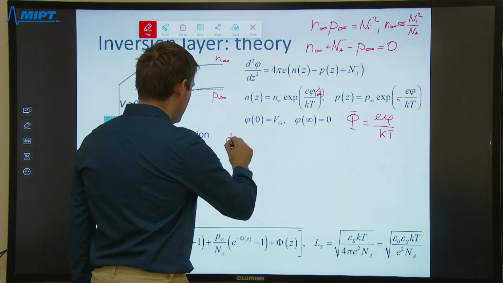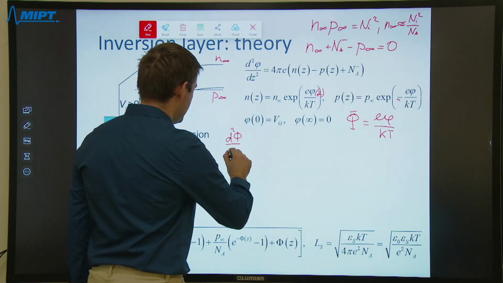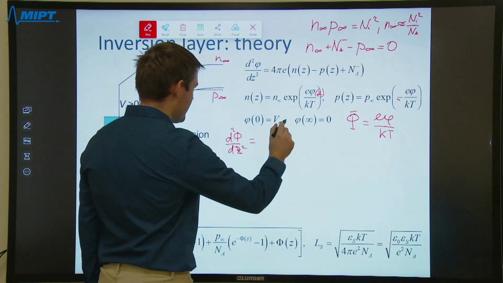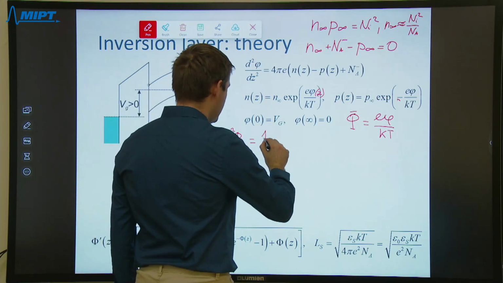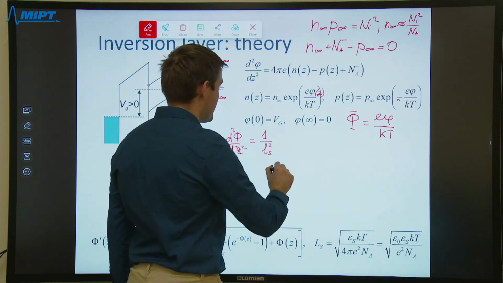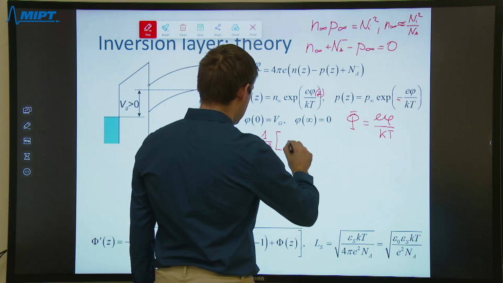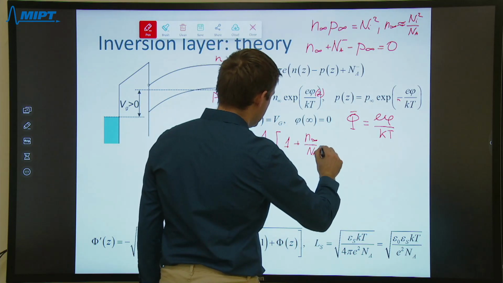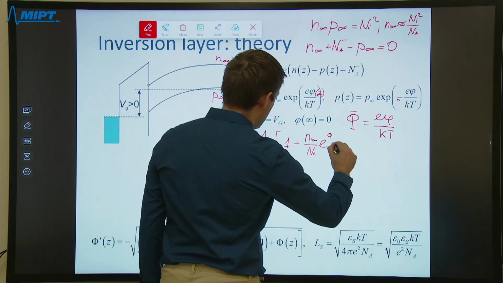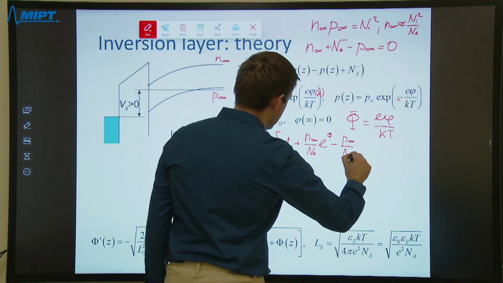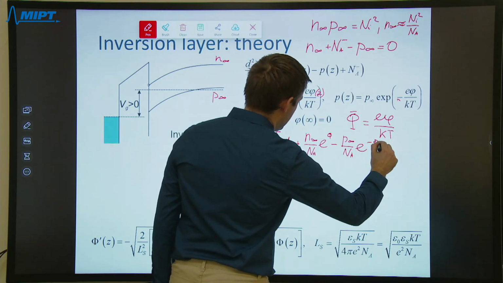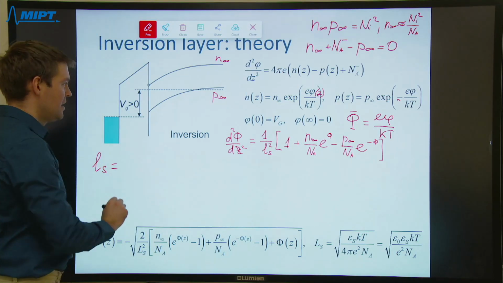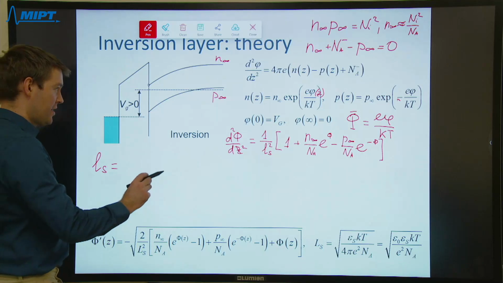We have rewritten this equation in dimensionless form, and it looked like that. 1 divided by screening length squared, and here 1 plus n infinity divided by acceptor density, and minus p infinity divided by acceptor density, exponent with opposite sign. Where the physical meaning of Ls is the screening length.